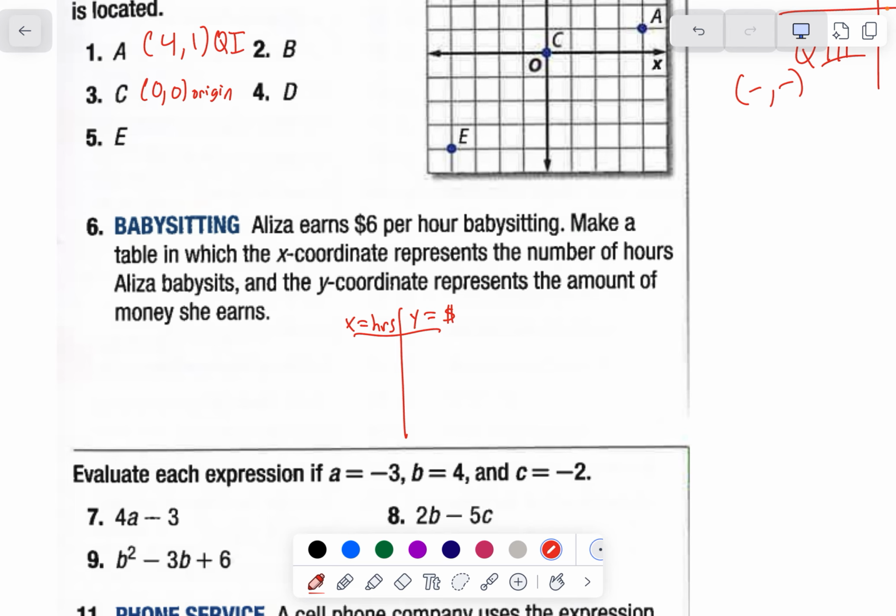So what you can do here is if she babysits no hours, it would be 6 times nothing, or 0. If she does 1 hour, it would be 6 times 1, or 6. Go ahead and fill that chart out for me up to if she babysits for 5 hours, okay?